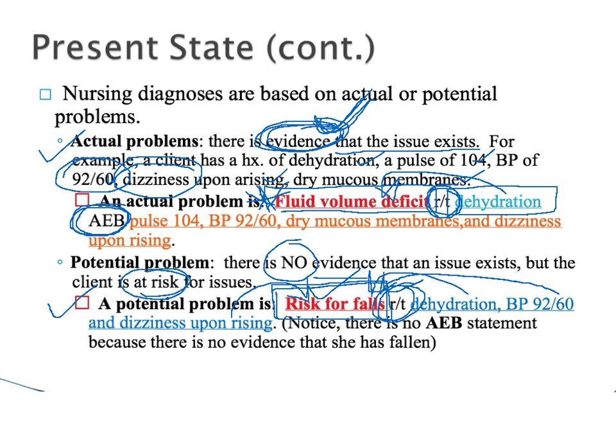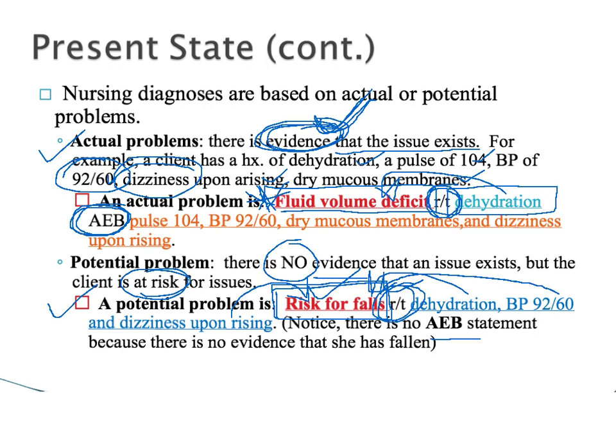What I want you to notice here is that because there is no firm evidence that she has fallen, she hasn't fallen, right? So no actual fall exists. Because there is no evidence of falling, there is no as evidenced by statement in a risk for diagnosis.